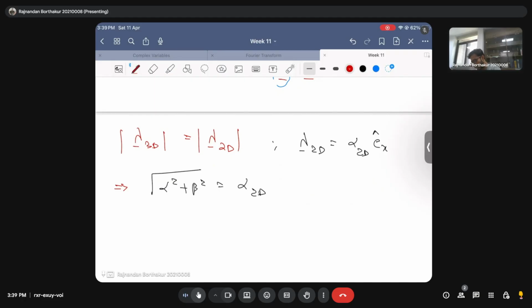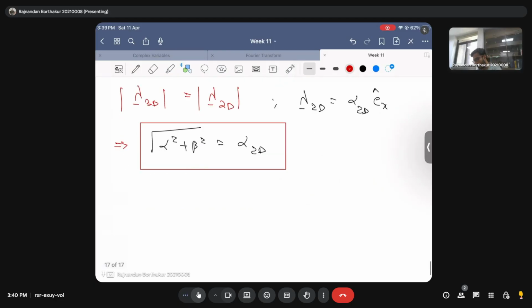This is a very, very important condition, and this condition needs to be satisfied for Squire's theorem to be true.